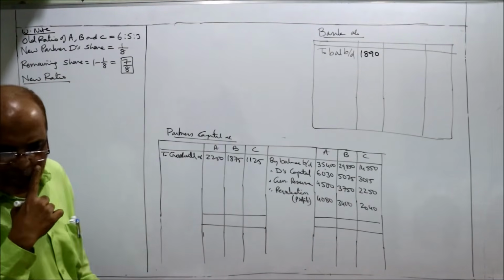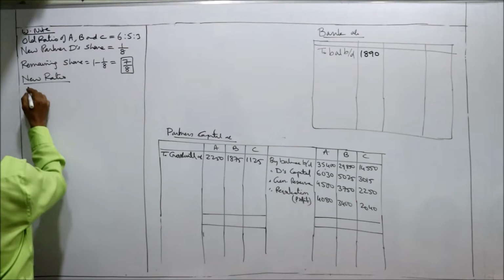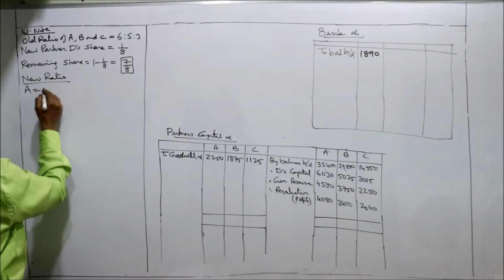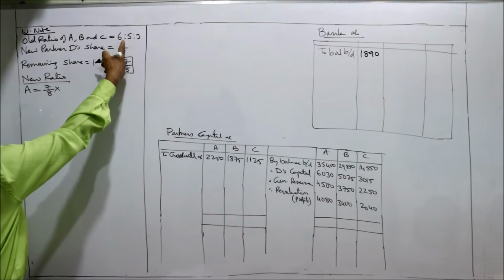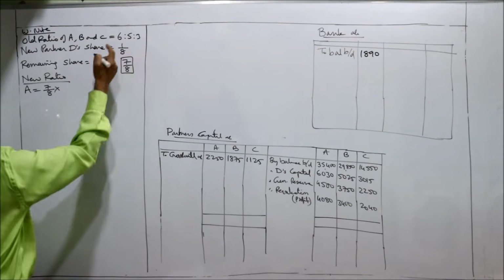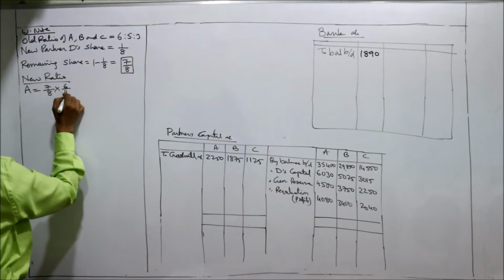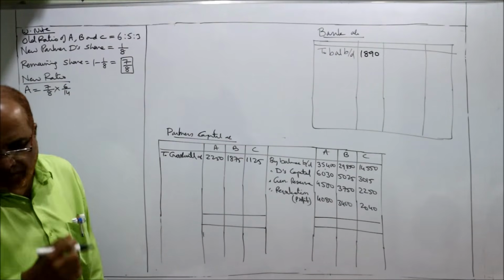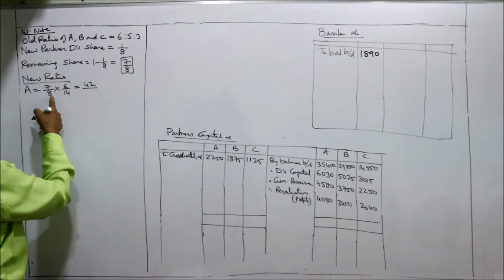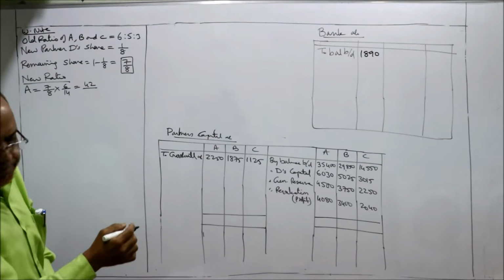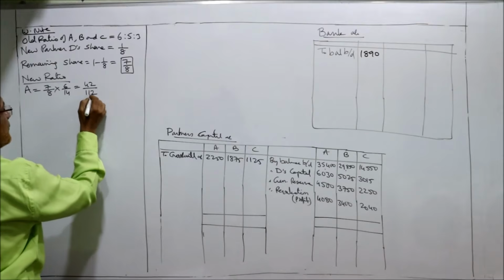Now we'll calculate the new ratio. A: the remaining share is 7/8 into the old ratio. 6 plus 5, 11, 12, 13, 14. 6/14. If you multiply, 7 6s are 42 and 8 into 14 is 112.